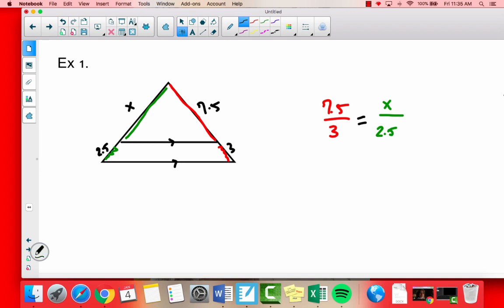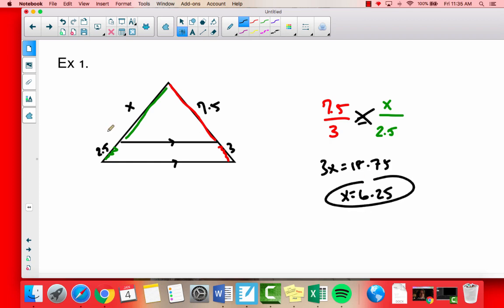And if you remember from the previous sections, when you have a proportion, you have to cross multiply. So you get 3x on the one side, and then you'd get 18.75 on the other. And then the last step is to divide by 3, and you get 6 1/4, so 6.25, and that would be the length of that side.